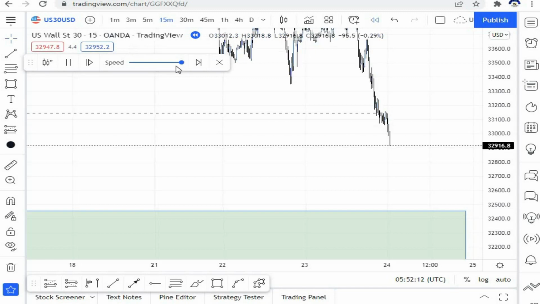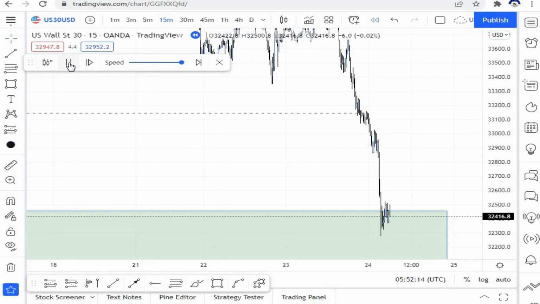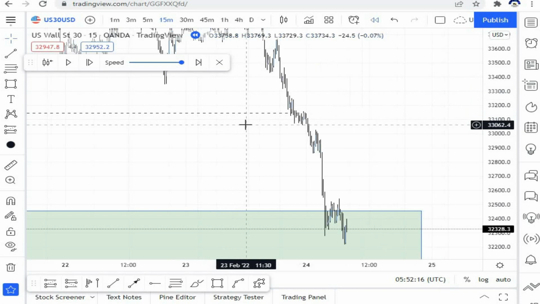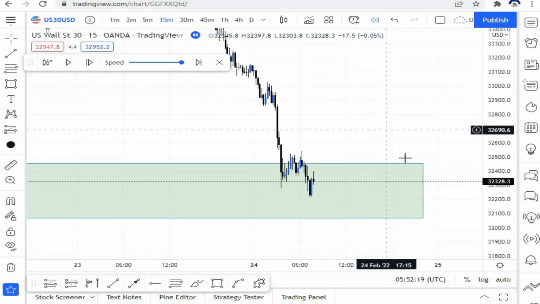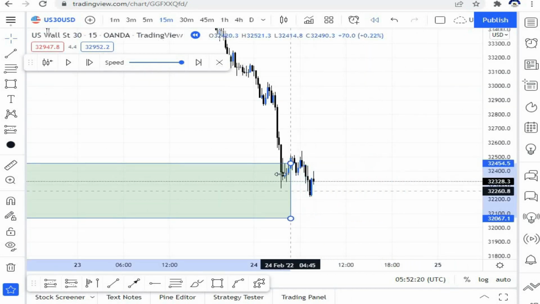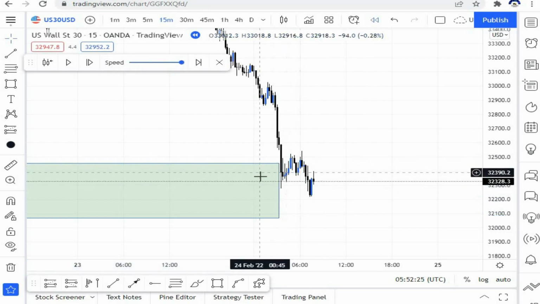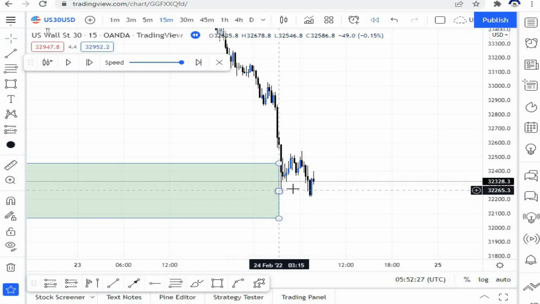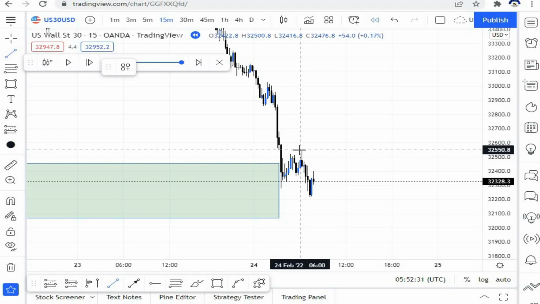Let's put more speed so that it will go. Right, now the price is into our demand zone area. Let's swing it to this zone area. Whenever price goes into our demand zone area, they give us a base area.